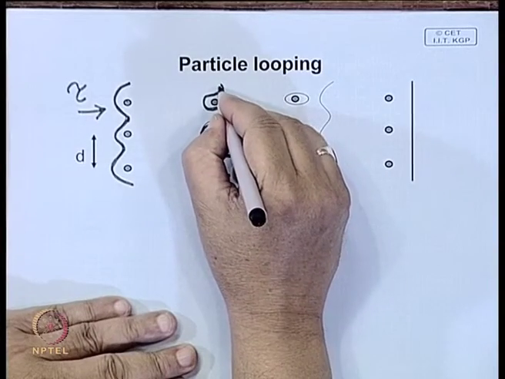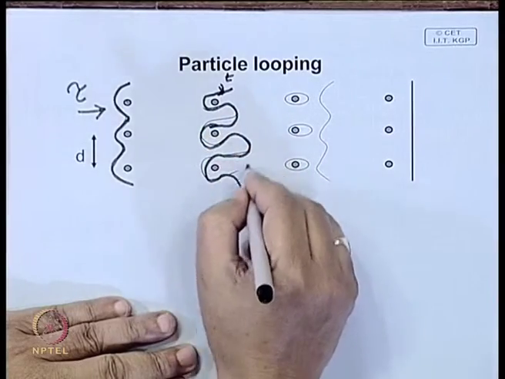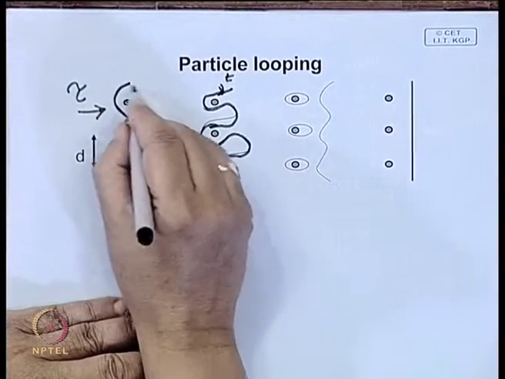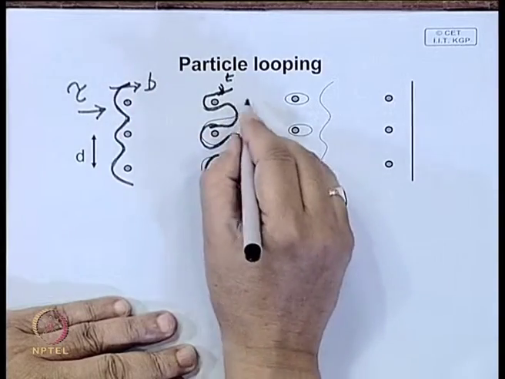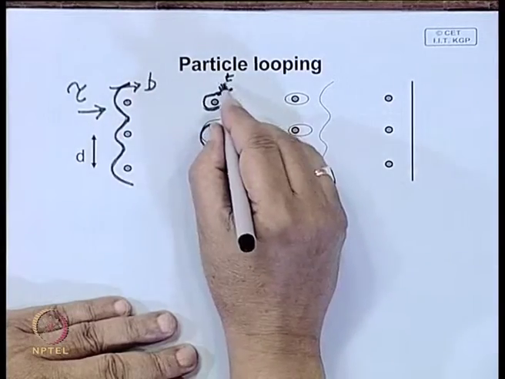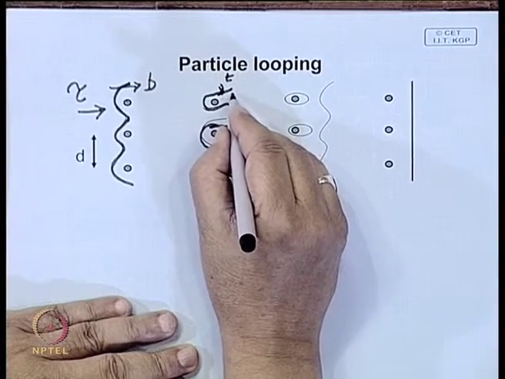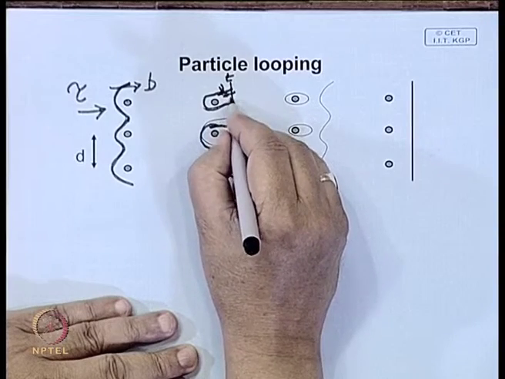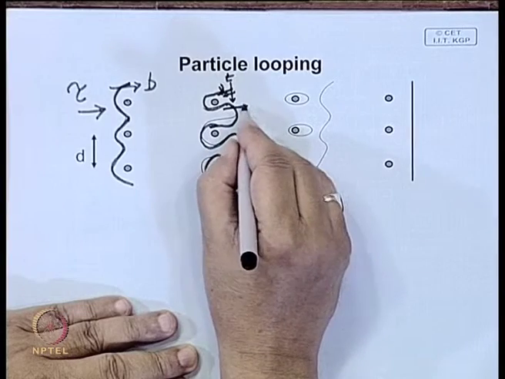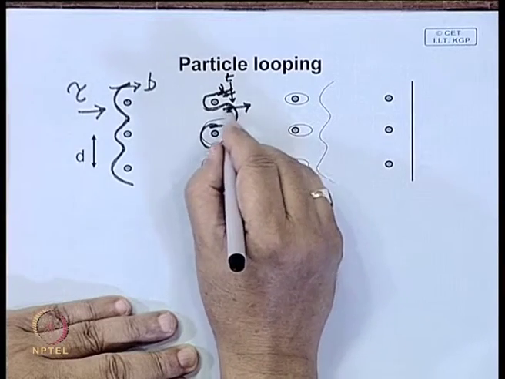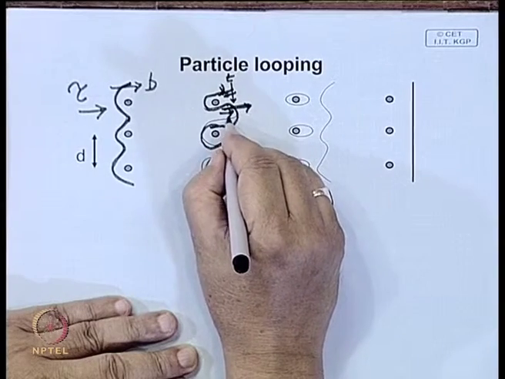And look, if you assign a dislocation direction T, this is the direction of the dislocation, and it has a Burgers vector, say this is the Burgers vector B. So, in this case the dislocation direction is like this, the Burgers vector is like this, whereas over here the Burgers vector is this and the dislocation direction is this.